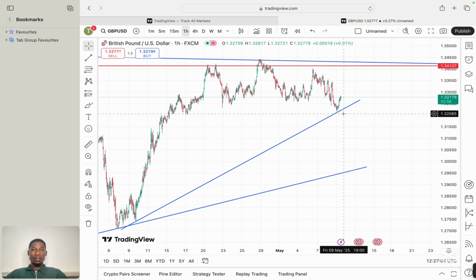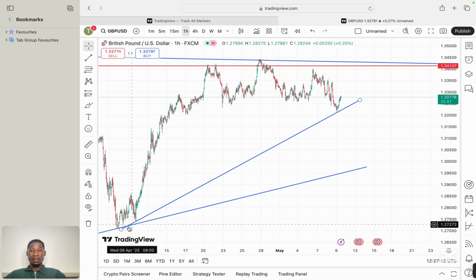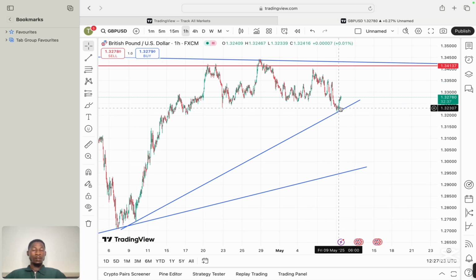Alright, so as you can see now, this is my trend line. Okay, so what will I be waiting for? You don't have to tell the market what to do. You have to wait for the market to do something, then you follow. This trend line, as you can see, this is the first touch and this is the second touch. So I'll be waiting for the third touch or third bounce of this trend line.